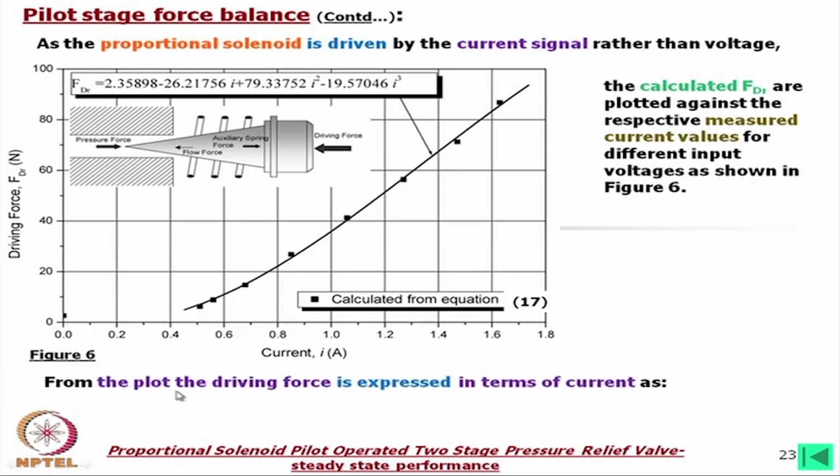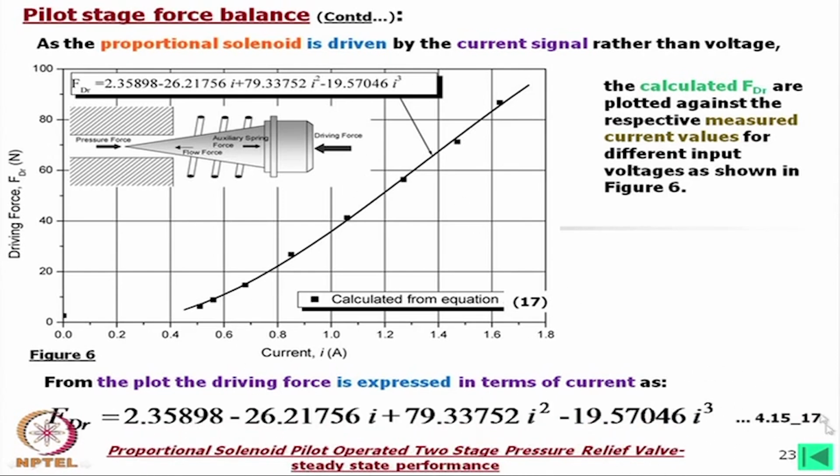Now, from the plot, the driving force is expressed in terms of current, as in the same formula I have written here. So, if this formula is given for a current, we can find out the force. Once the force is known, we can find the pressure drop, and from there estimate at what pressure it is working.